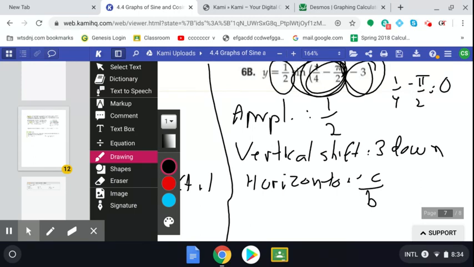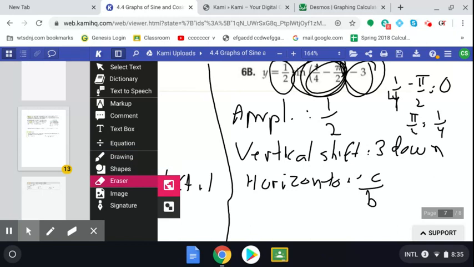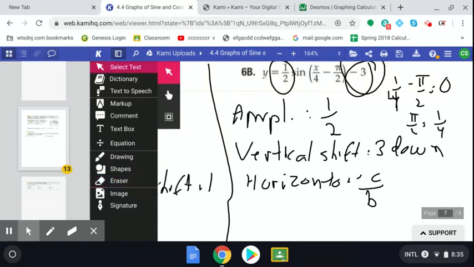And you get pi over 2 is equal to 1 over 4 x. Yes, there's an x there. So 1 over 4 x, now it makes sense.